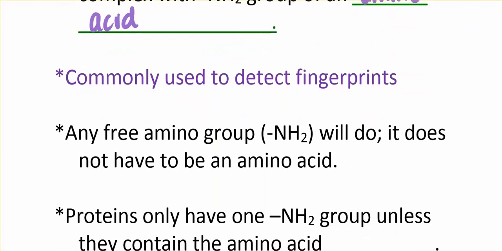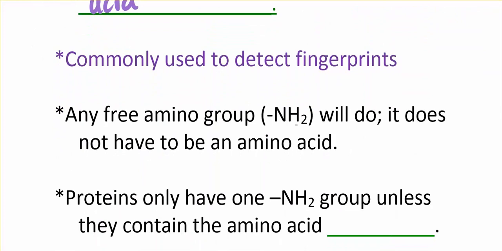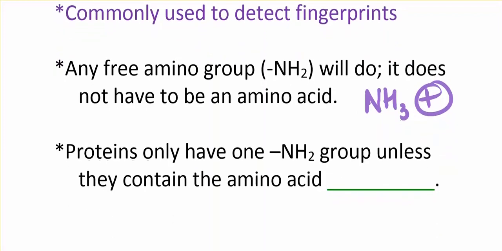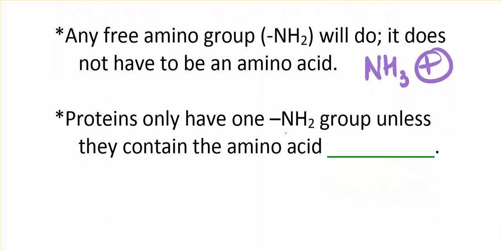Any free amino acid, or amino group, will do. So even a compound like this will test positive, even though it's not an amino acid. We should note, though, proteins only have one free amino group, because most of them are lost in the peptide bonds, and just having one on the chain probably would not give you a positive test.